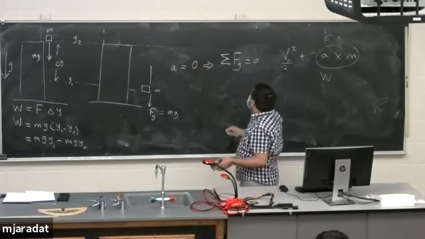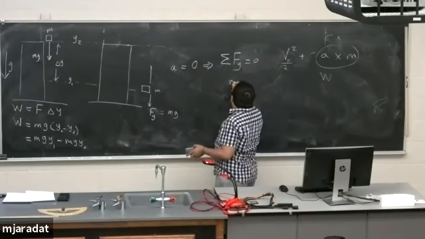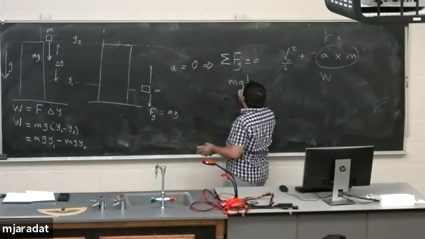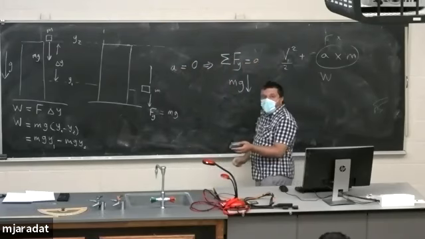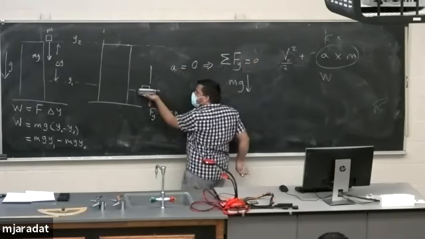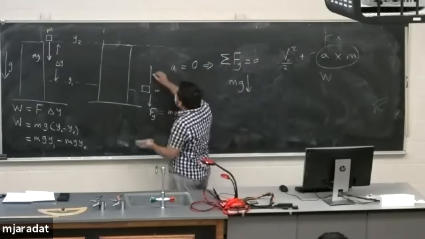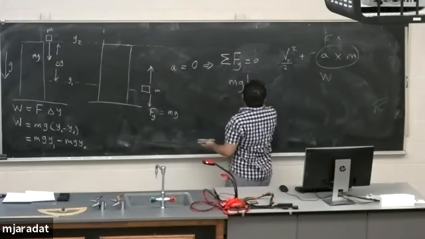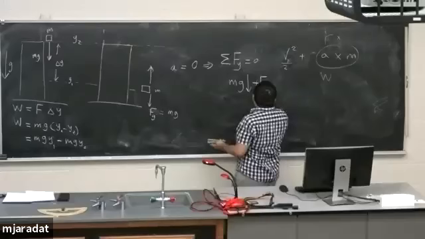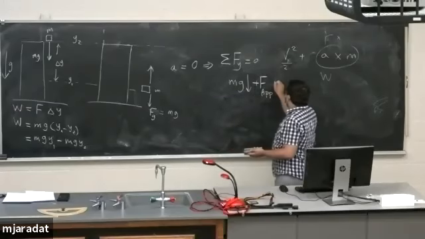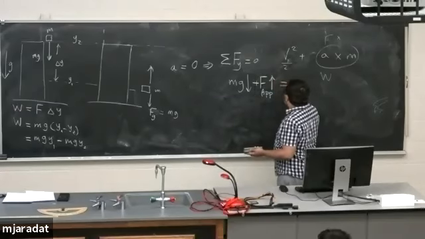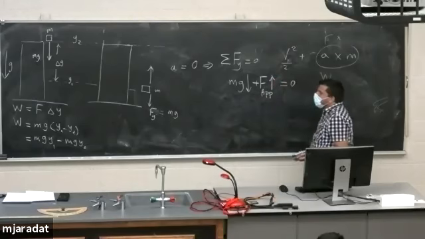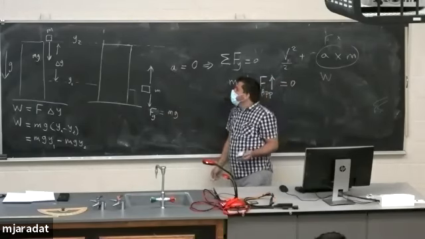What are the forces? We have mg downward. We need another force done by us to lift the object upward, plus F applied by us, it is upward, should be equal to 0 because the acceleration is 0.